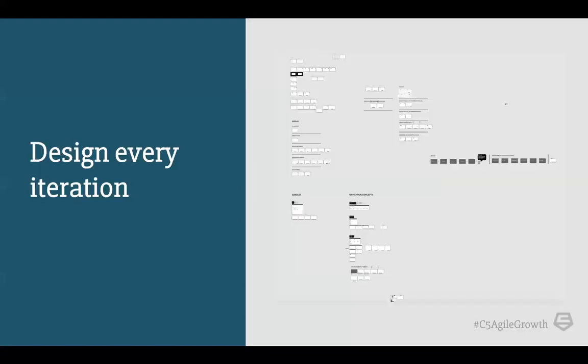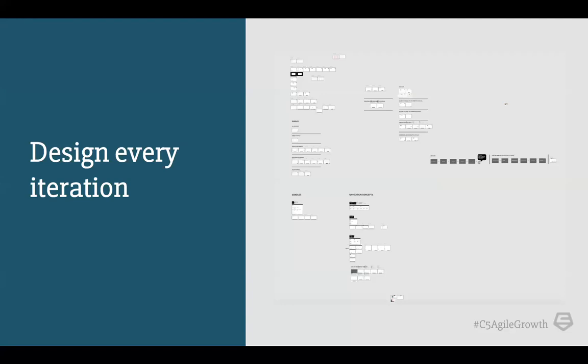So after you've strategized using those frameworks, the lean canvas or the experiment plan, I think the best way to approach experiment-driven design is to design every iteration you possibly could, and be very detailed in that iterating, right? You're going to want to make sure all your I's are dotted and all your T's are crossed.